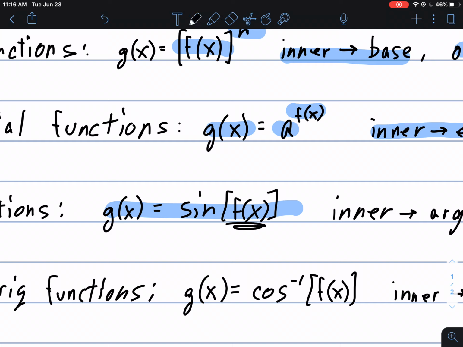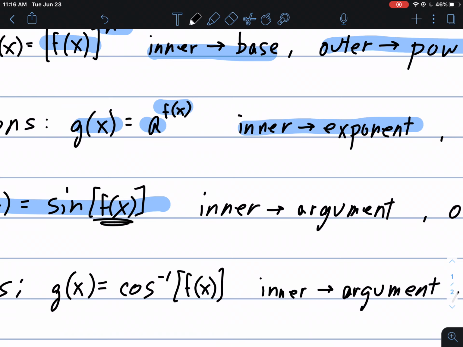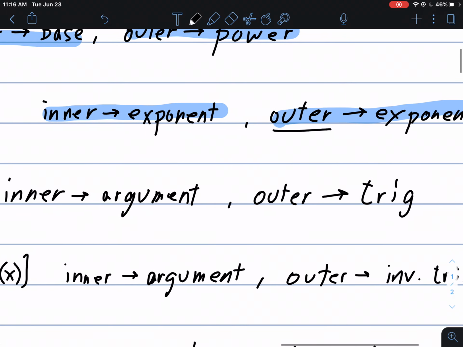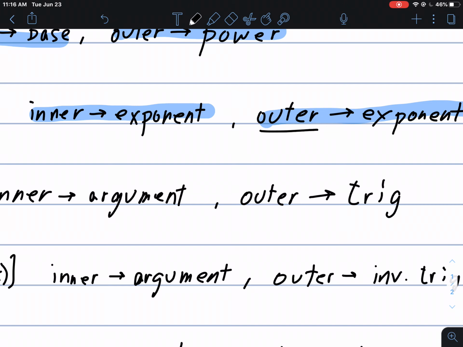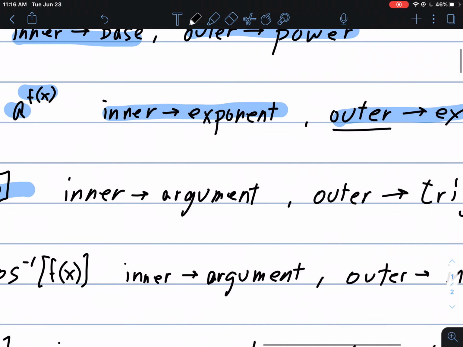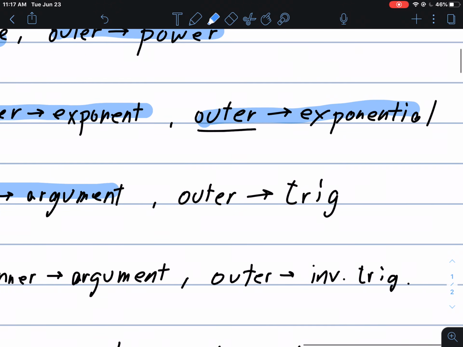Because I could have a function in my argument, sine of not just x, but maybe sine of x squared, where my argument is something other than just x, or is actually a function of x. So for a trig function, you look at the argument for an inner function, and the trig function, of course, is the outer function.